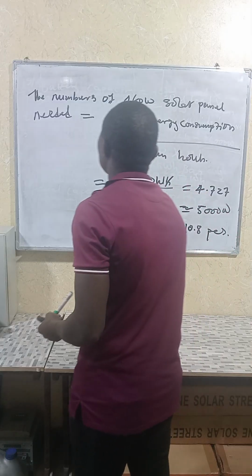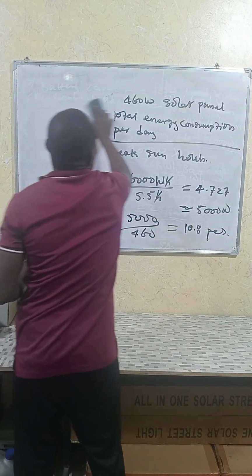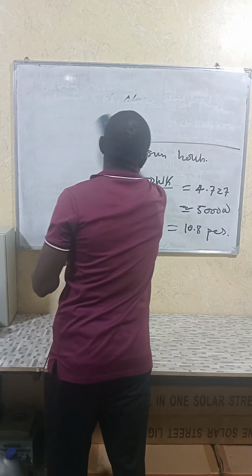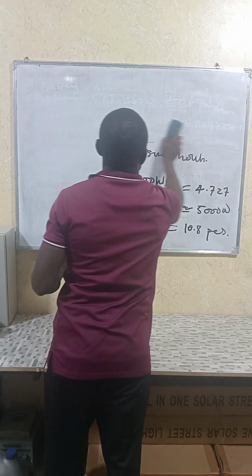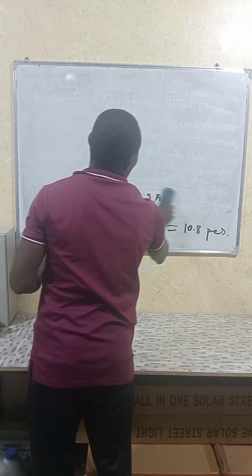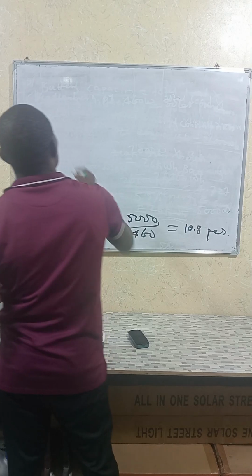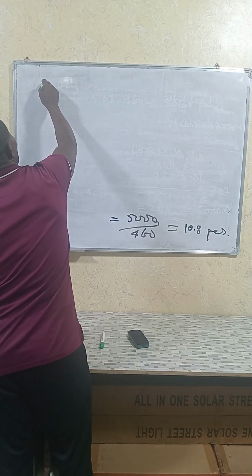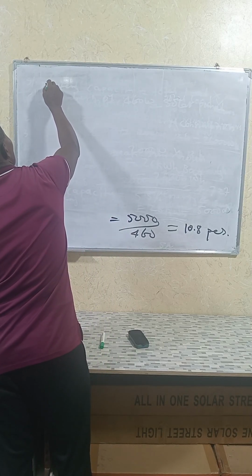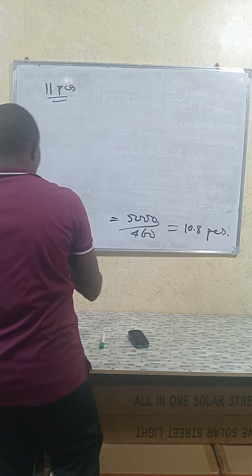But because there is no 0.8 in the calculation, we have to approximate it to 11 pieces.